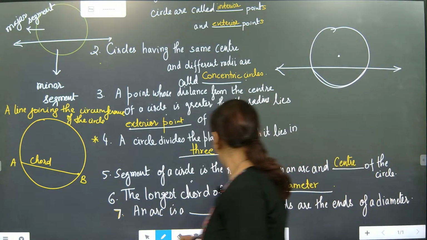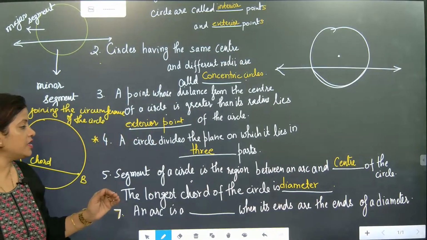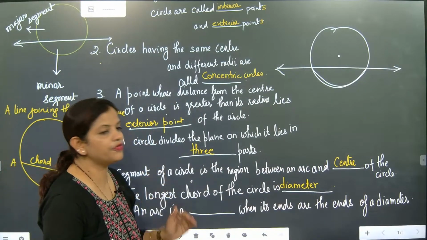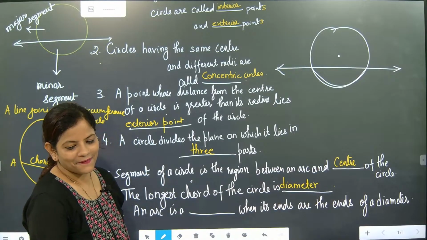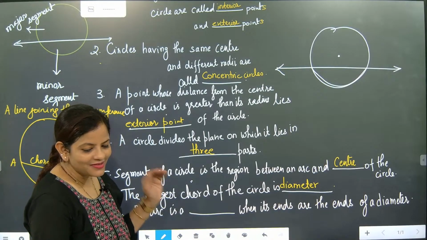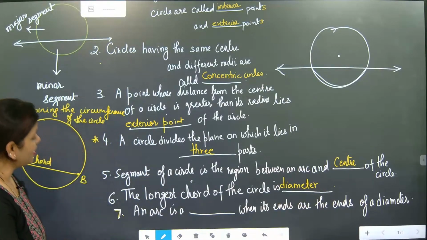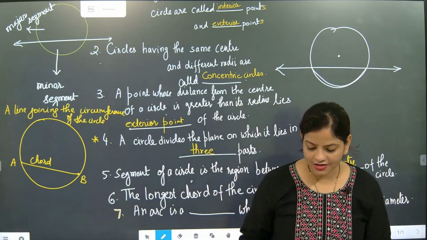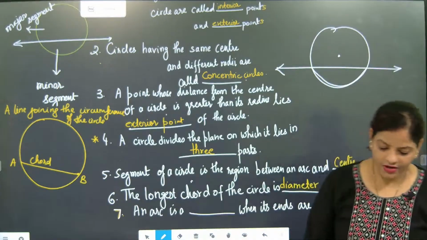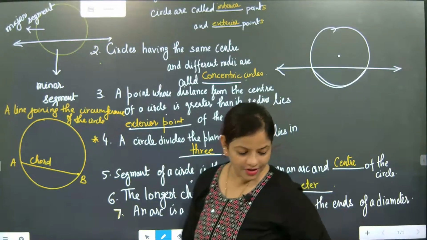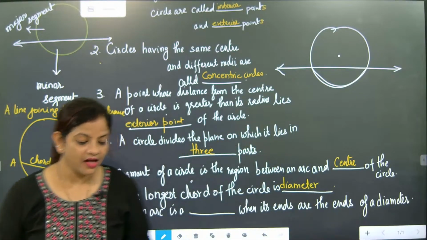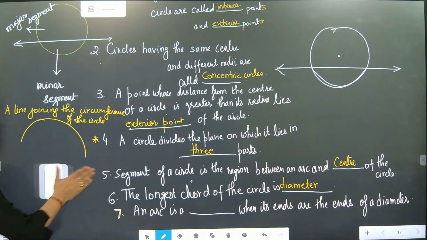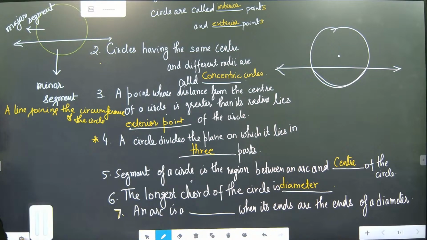Come on. An arc is a dash when its ends are the ends of a diameter. You answer this question. This is a very important question. Think. An arc is a dash when its ends are the ends of a diameter.